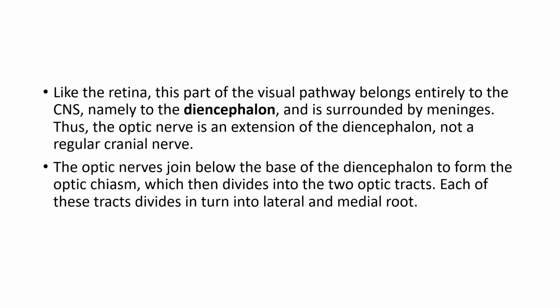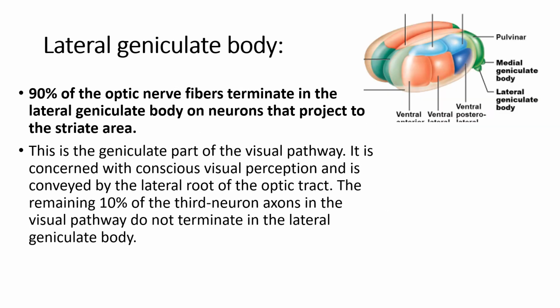So optic nerves join below the base of the diencephalon to form the optic chiasm, which then divides into the 2 optic tracts. Each of these tracts divides in turn into a lateral and medial root. So, the lateral geniculate body of the thalamus, and there's our reminder picture from chapter 16.